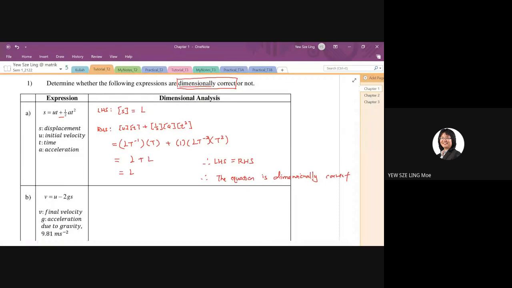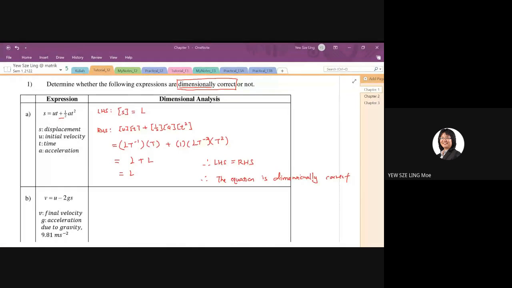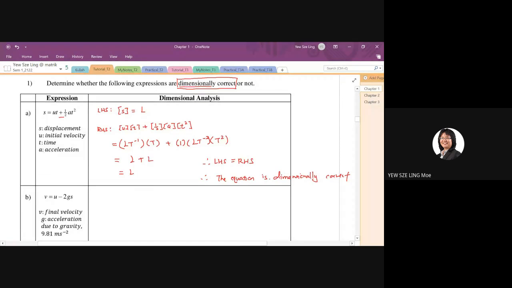Make sure to answer the question every time. After you came to the conclusion, left hand side equals right hand side, then you answer the question and say it is dimensionally correct, because the original question asks you to determine whether the following expressions are dimensionally correct or not. So you must answer the question. This one we call answer the question. It is worth 1 mark in your exam.